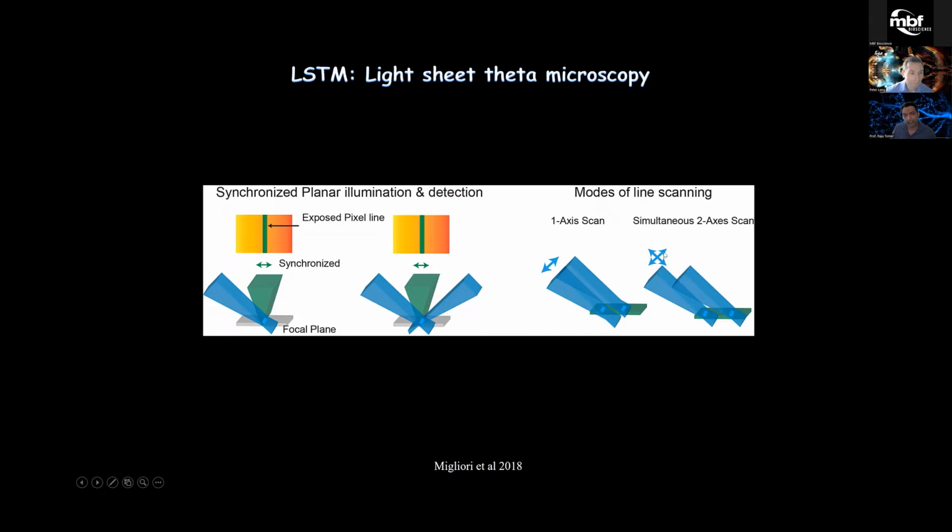So the other scanning approach that we innovated in this system is the simultaneous two-axis scan. Here the idea is that we move the light sheet perpendicular to itself, but also along its propagation direction. And if we do that in a certain synchronous way, then we can make sure that only the same thinnest part of the light sheet is illuminating the entire plane.